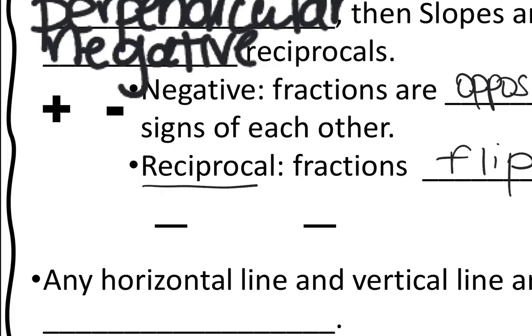If I have 3 over 4 and it's positive, the reciprocal of that fraction, let's flip 4 and 3. So 4 goes at the top, 3 goes at the bottom. We're flipping the fraction and we're doing different signs. So now this one's negative. Again, opposite signs, and they are the flip of each other.